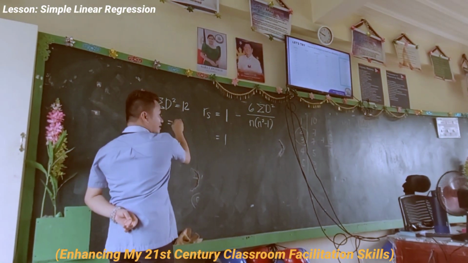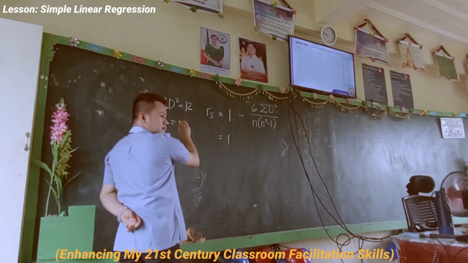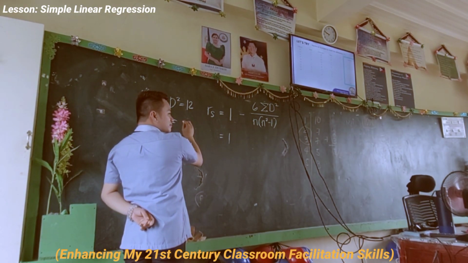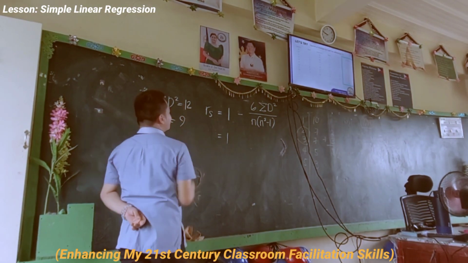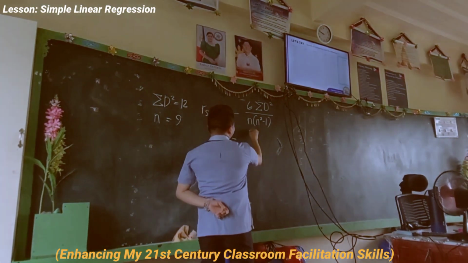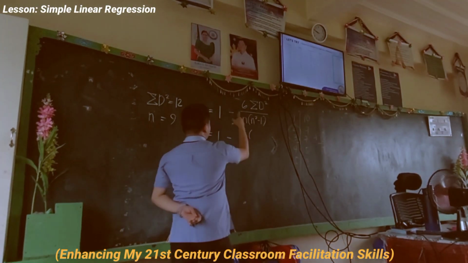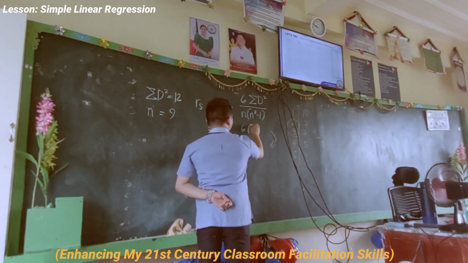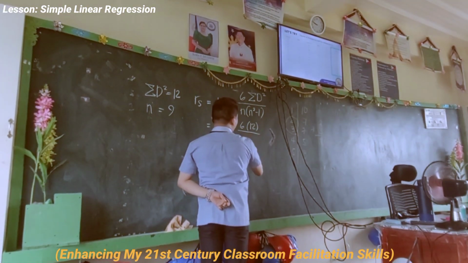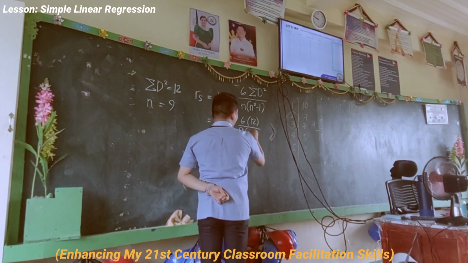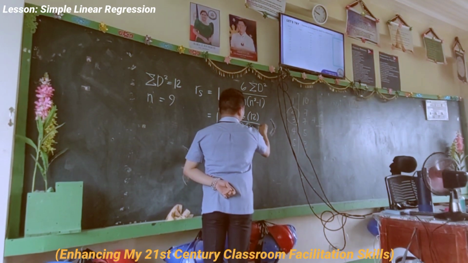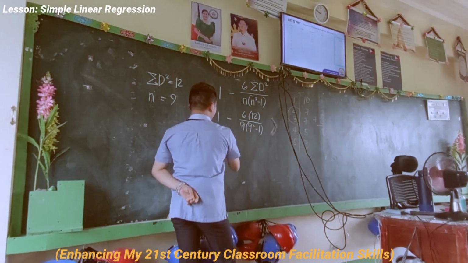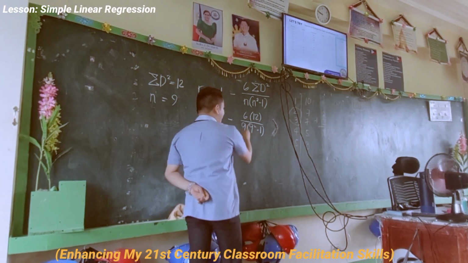Our n is equal to 9. So 6 times the summation of d squared, which is 12, all over 9 times 9 squared minus 1. Solve it step by step.